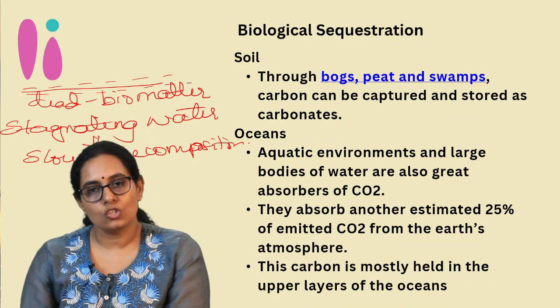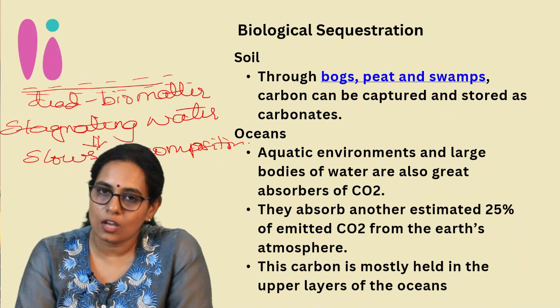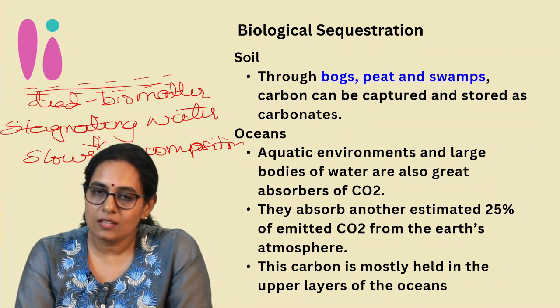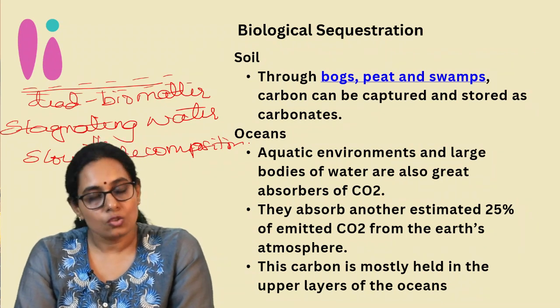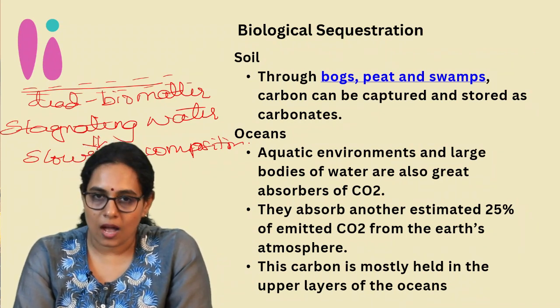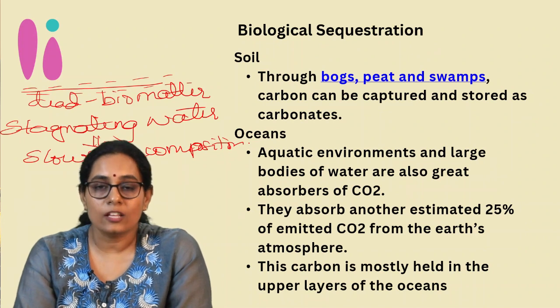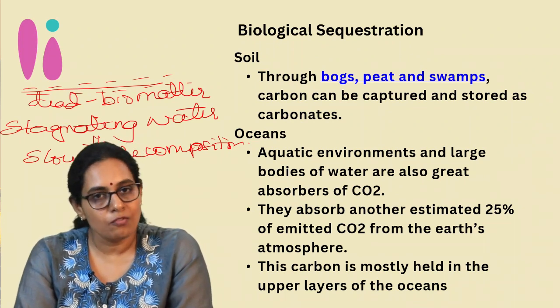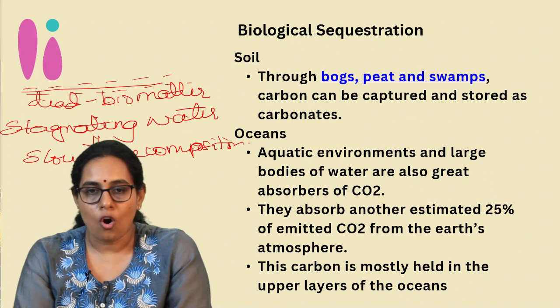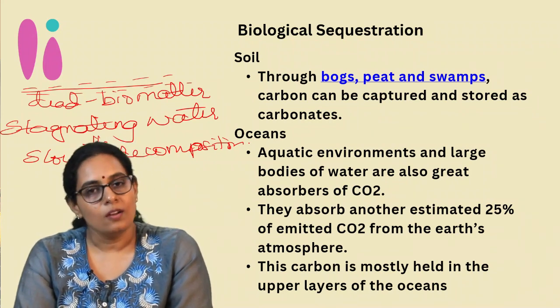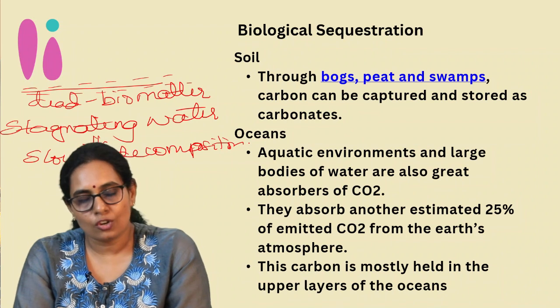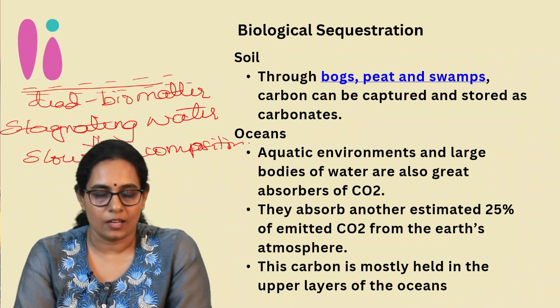So when there is slowing of the process of decomposition, carbon remains trapped in the soil for a longer period. This type of trapping of carbon in the soil gradually leads to the formation of either coal or fossil fuel. It depends on other factors, like the nature of the water that is stagnating.